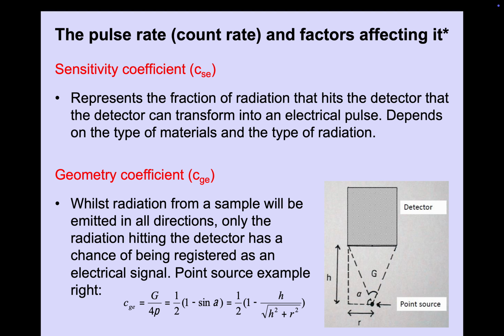And in this example, we can account for the geometry using this equation that you see at the bottom of the slide. And if we have different types of samples and different types of detector, then we can have different equations that allow us to come up with this geometry coefficient.